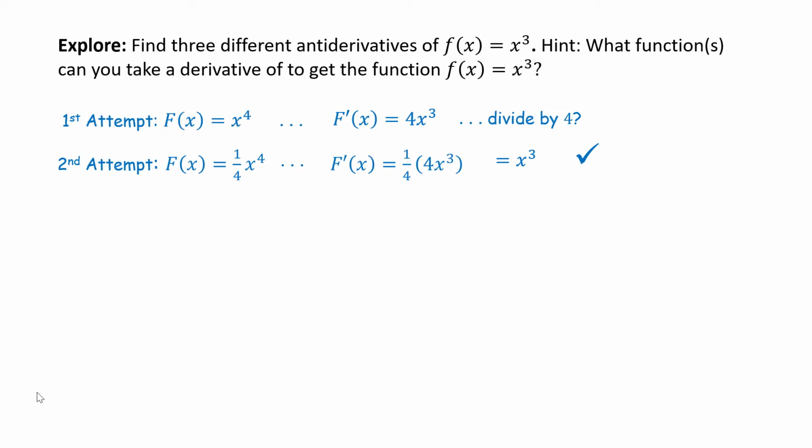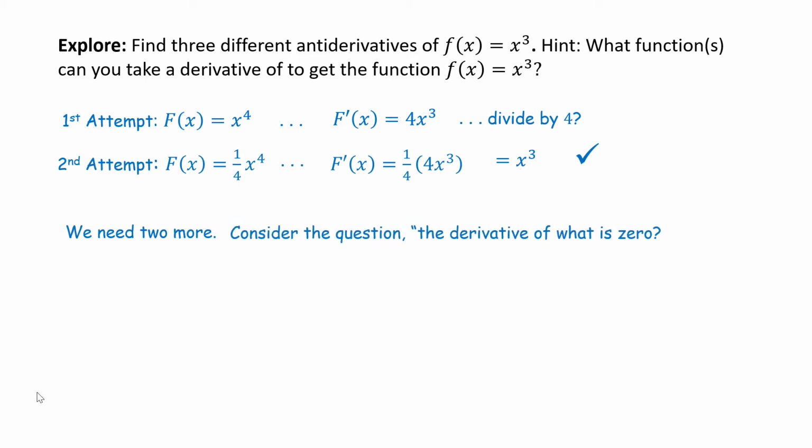We have a function like this. We need 2 more. So let's consider the question, the derivative of what is 0? The answer? Any constant. So for our second function, I'll keep F of x equals 1/4 x to the fourth, and I'll make it plus 7, just add any constant.